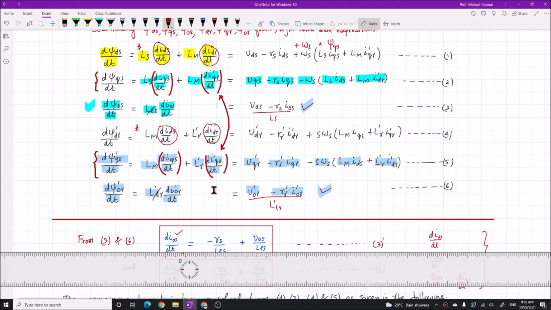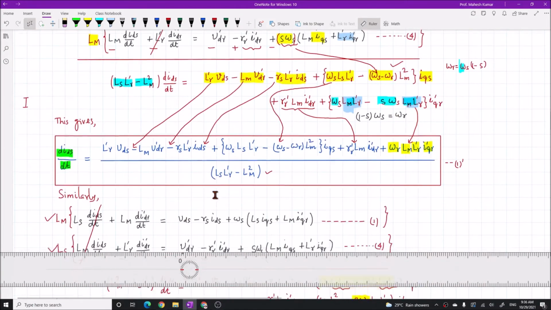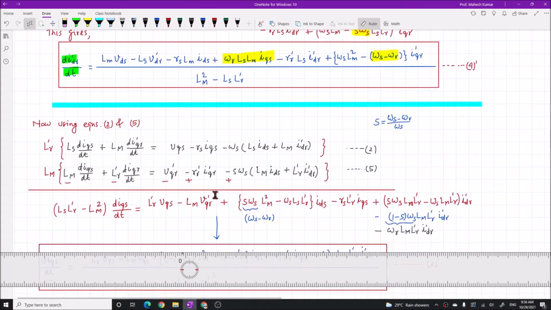Alright, in a similar fashion as we have done for the 1st and 4th. I have rewritten these equations, 2 and 5, to solve for IQS: multiply the 2nd equation by LR' here and the 5th equation by LM, and subtract. When you do this, this term will go away. First we will get (LS LR' minus LM²) into diqs/dt.